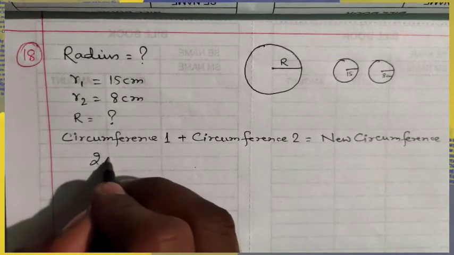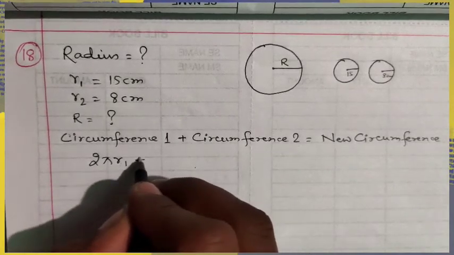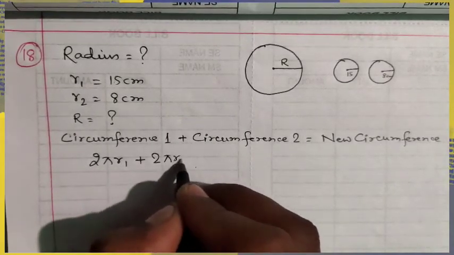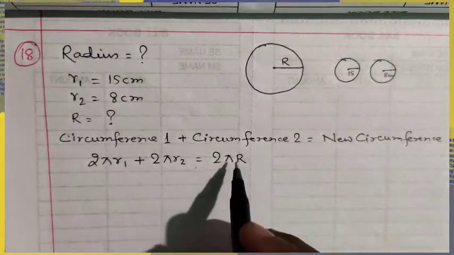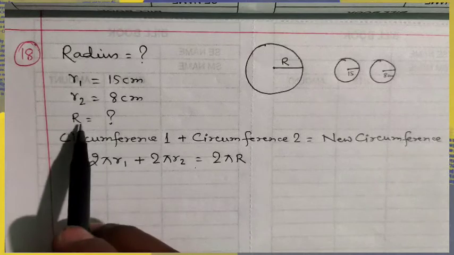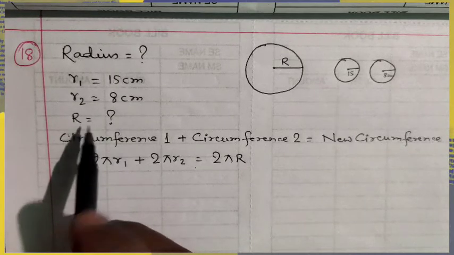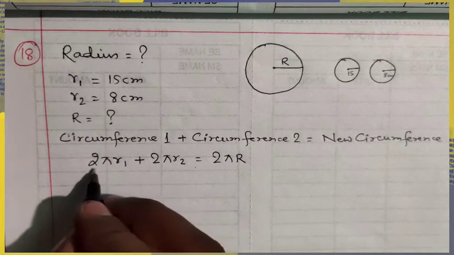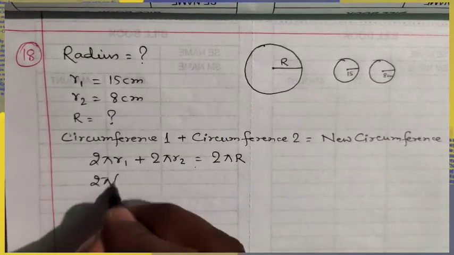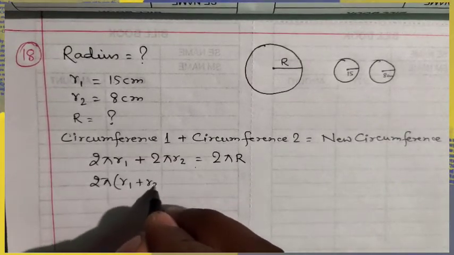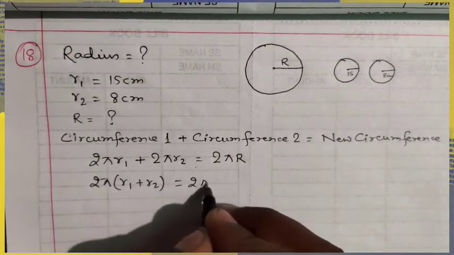That will be like 2 pi r1 plus 2 pi r2 will be equal to new circumference 2 pi R. Here I have taken capital R because a new circle with radius R we have denoted. Now we will take 2 pi common in LHS. 2 pi common, it will become r1 plus r2 is equal to 2 pi R.